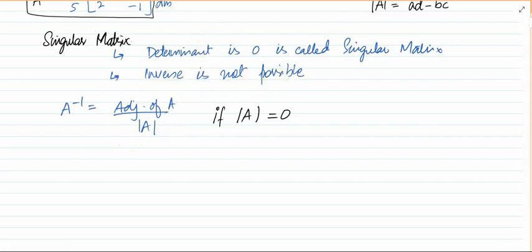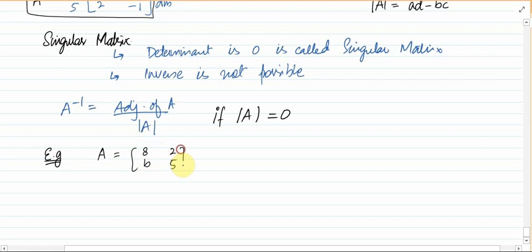Now in your CIEs, the examiner never asks what is a singular matrix or to define a singular matrix. It never asks for the definition, but the question comes in such a way that it is mentioned that A is equal to [2, 8; B, 5], find B if A is a singular matrix.